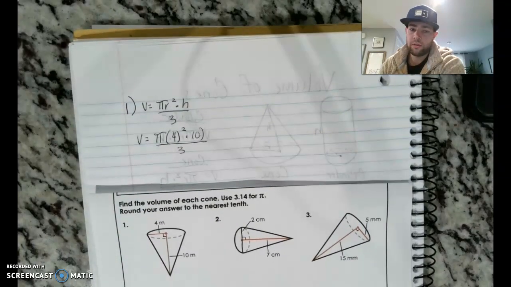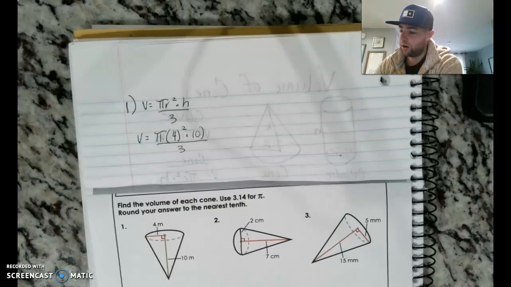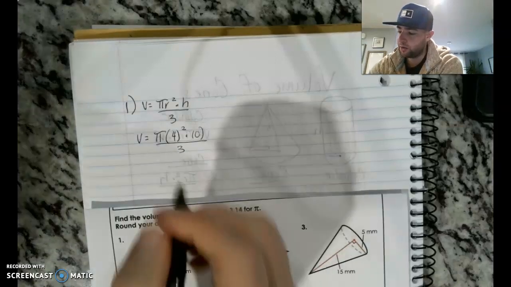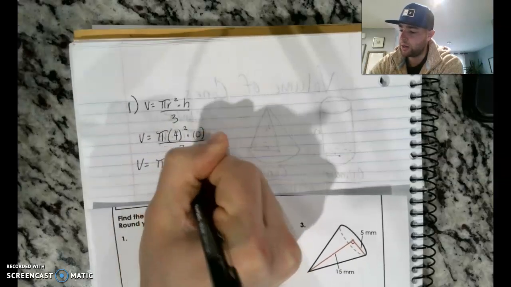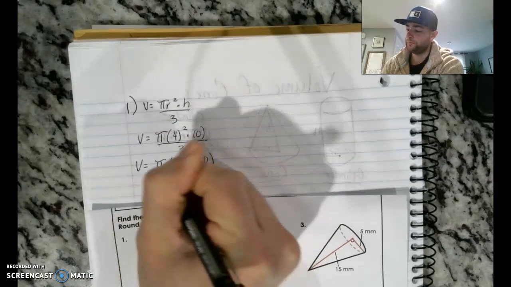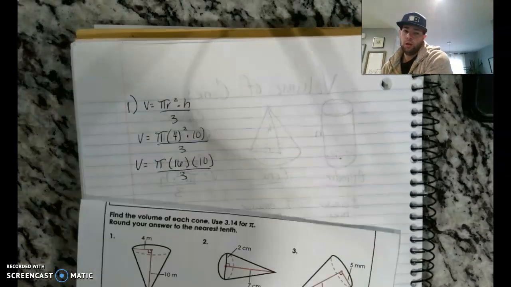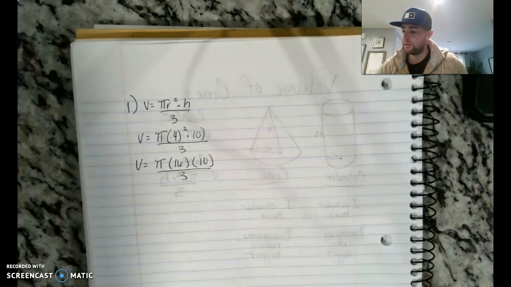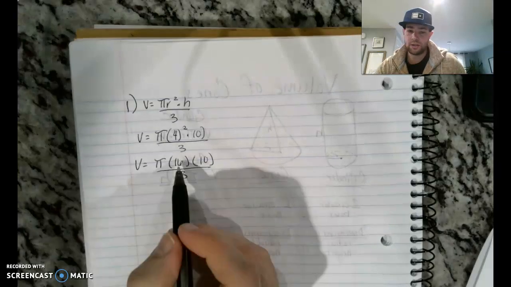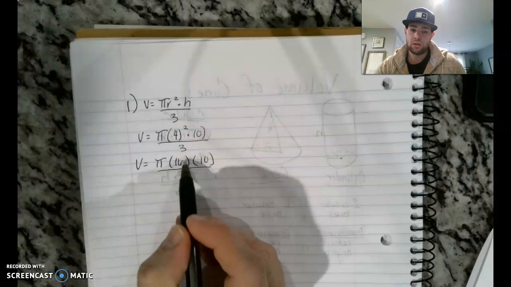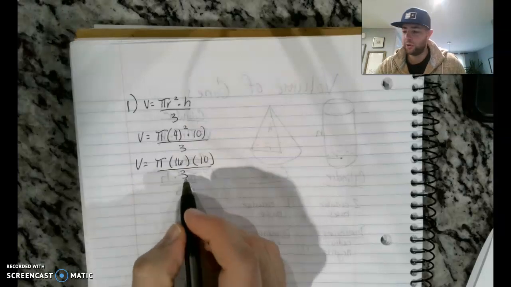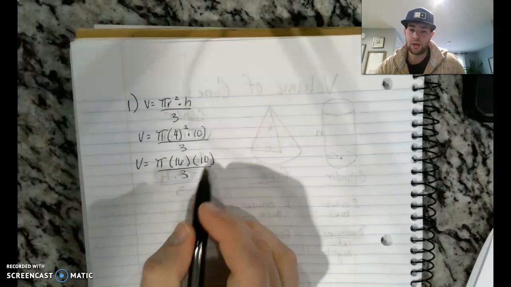So following our order of operations, we're going to do our 4 squared first. So I have volume equals pi, 4 squared is 16, times 10, divided by 3. And at this point, what I like to do is see if I can divide either 16 or 10 by 3. It's easier sometimes just to divide one of our factors by 3 instead of multiplying everything and then dividing by 3, but sometimes it doesn't work out.